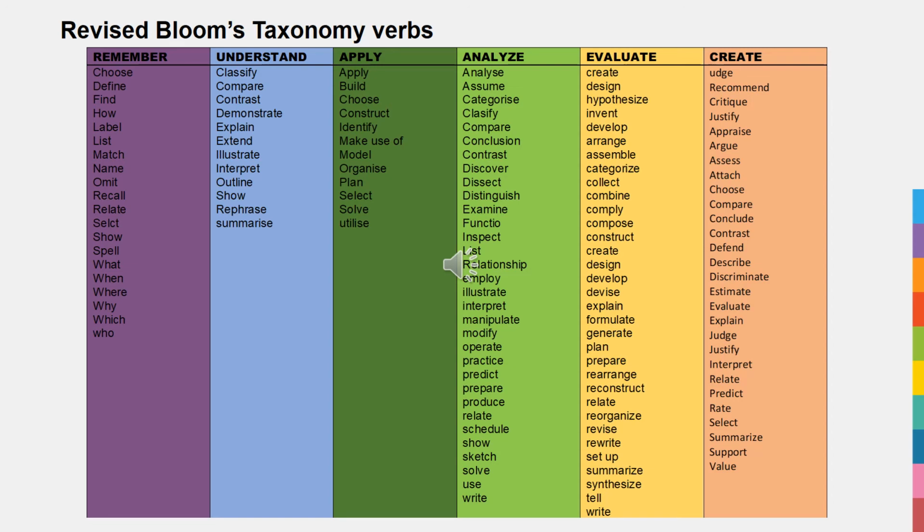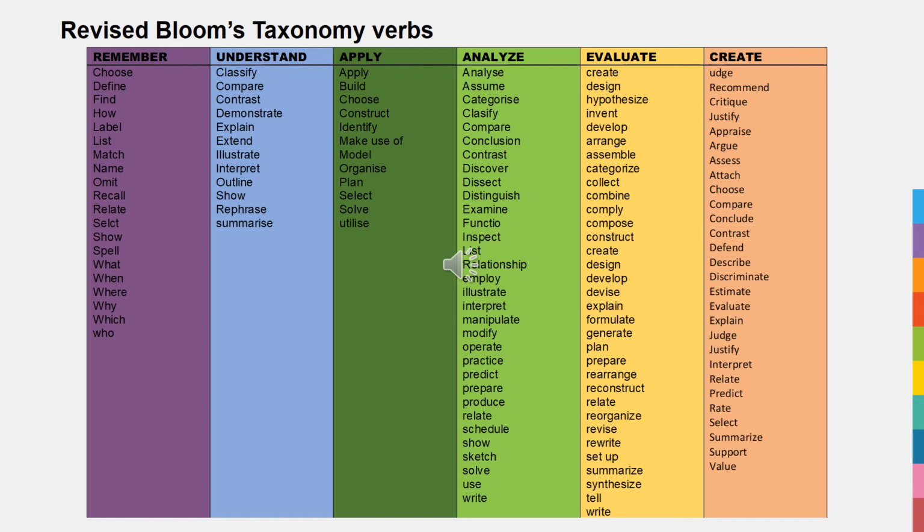So for each question you set, you will start with a different Bloom's verb, depending on what level question you are asking. Obviously, you're not going to have like 700 different verbs. Some verbs you will use more than once.